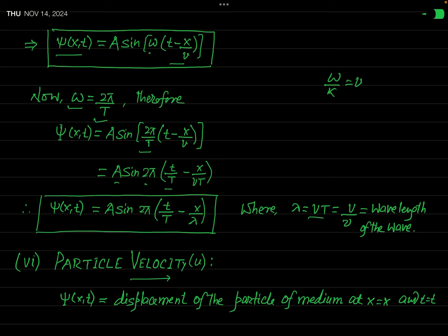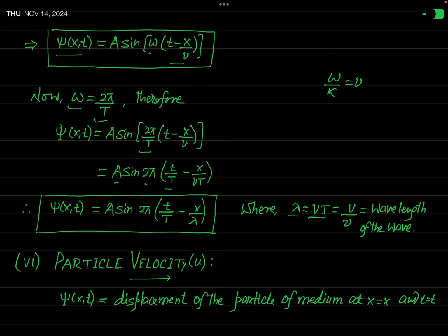But the velocity of the wave multiplied by its time period is equal to lambda, which is called the wavelength of the wave. Because v over nu, T is equal to 1 over frequency, and this is called wavelength.